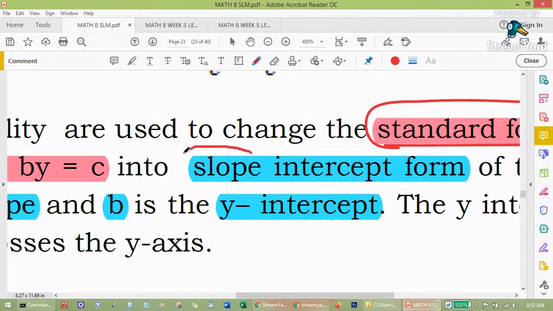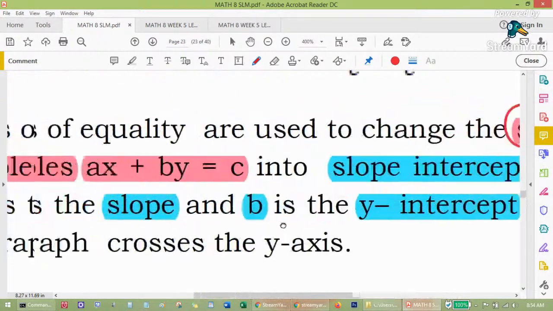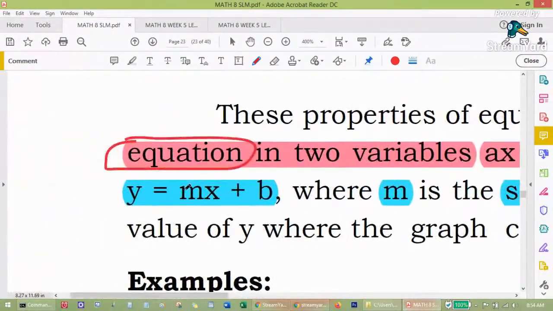So, dito, meron tayong word na slope. Di-discuss natin mamaya yan. And then, tong intercept. So, in this form, meron kang slope. Makikita mo kagad yung slope, and makikita mo kaagad yung y-intercept. So ito yun. This is the slope-intercept form.